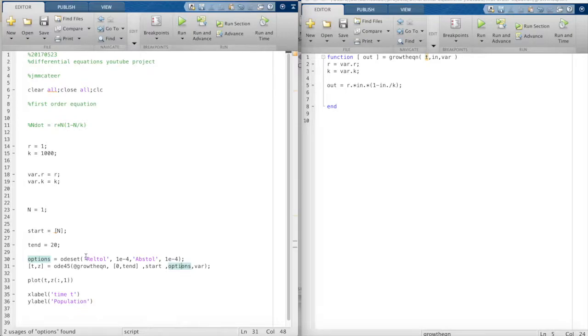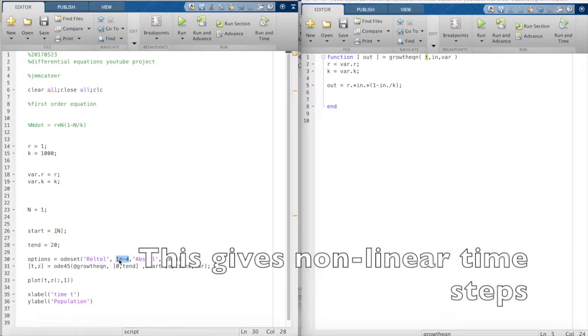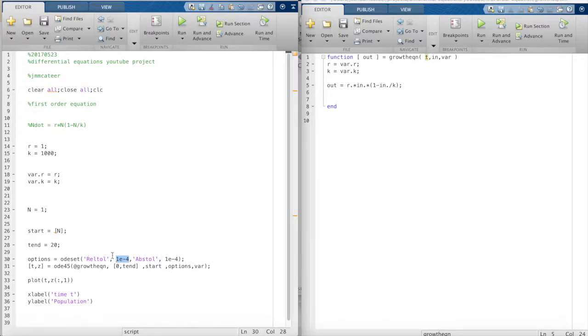ODE45 uses a 4th and 5th order Runge-Kutta method to calculate each point when it solves the ODE, and if the difference between those in each step is less than 1 times 10 to the minus 4 in this case, then it's fine, and if it's more than that, then it will reduce the time step and recalculate it. So it's not actually anything to do with any actual error which we'll encounter. It's an internal variable, so you can't rely on it being some particular parameter if you need to constrain the error.